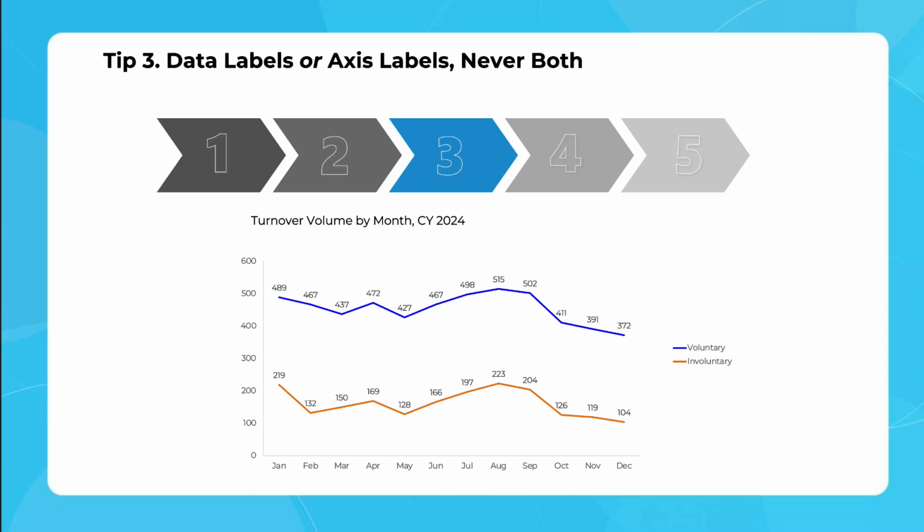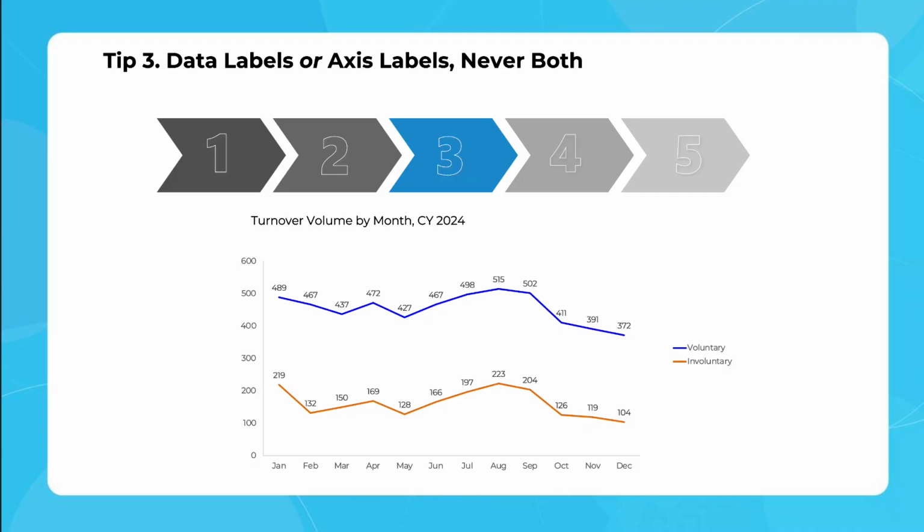Next, data labels or axis labels, never both. This one, you are going to have to use your professional discretion on. There are varying opinions. I will share a book at the end that is a resource I use a lot. It heavily influenced my standpoints on data visualization, and my preference versus hers is actually different.